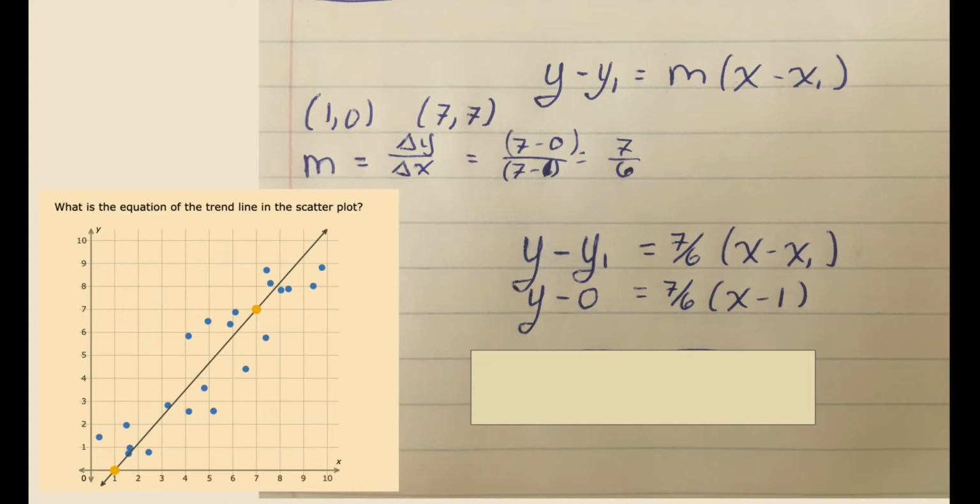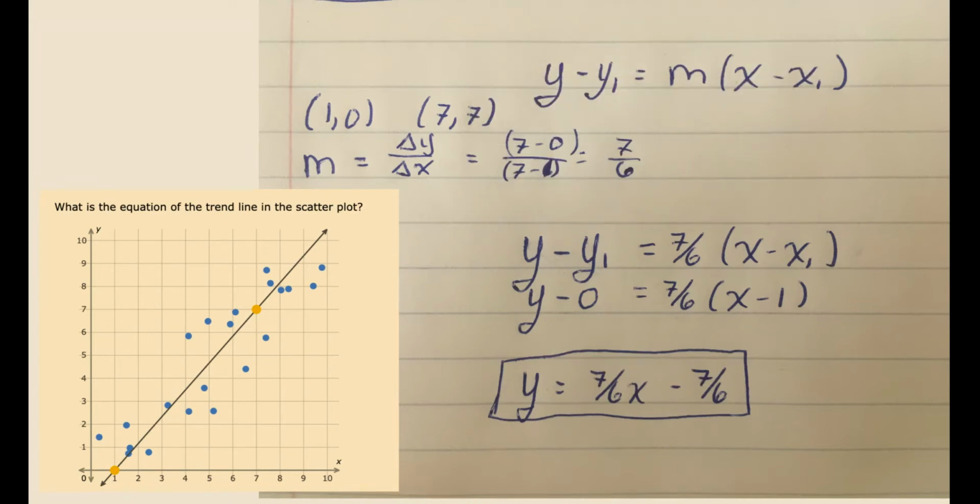I can distribute the 7/6 with the x and then minus 1, and you get y equals 7/6x minus 7/6. So it's the same exact equation of the line as you got before. And that would be how you find the equation of the trend line, or the equation of the line of best fit, in a situation like this.